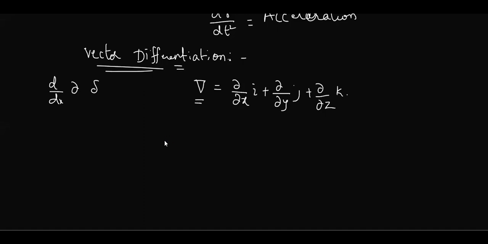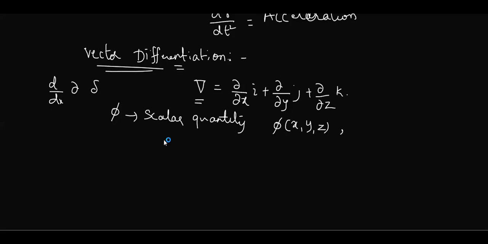Now here, I'll first take phi. I'll take phi as a scalar quantity, which means there won't be i, j, k. It cannot be simply a constant number. It will be a function of x, y, z.